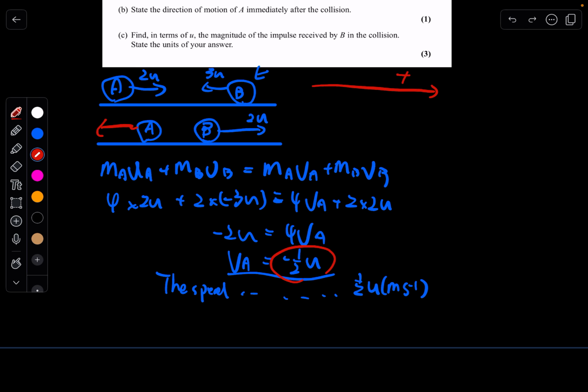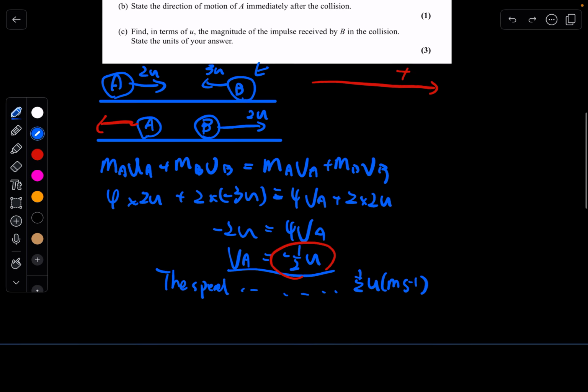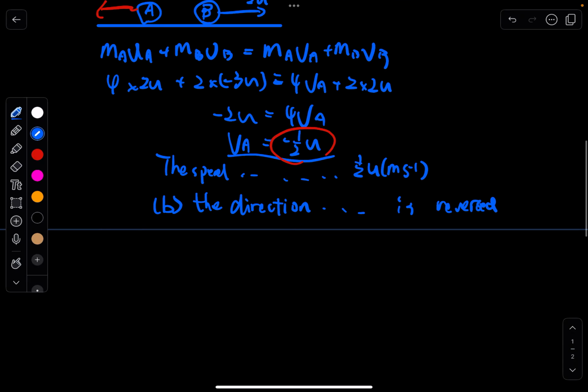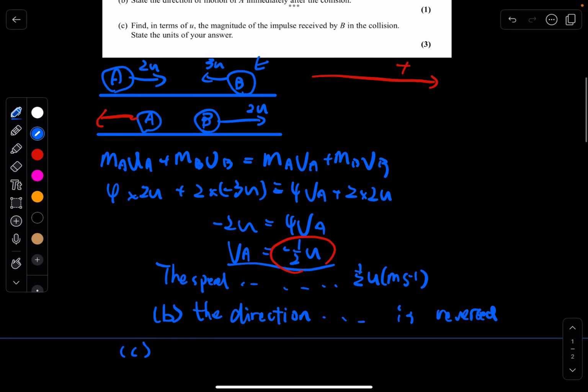As we just denoted. So for part B, we just write the direction of motion is reversed. I don't know if what I just said was understandable.